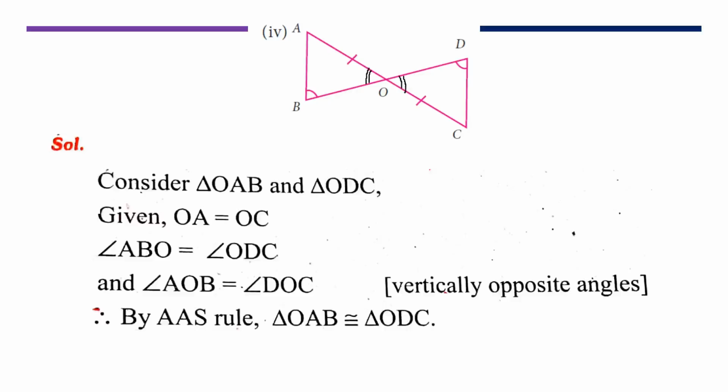That is mentioned here: angle AOB and angle DOC are equal, since these are vertically opposite angles. So first one side was equal, next an angle was equal, and now another angle is equal. So by the AAS rule, that is angle angle side rule, we can say the triangle OAB is congruent to triangle ODC.